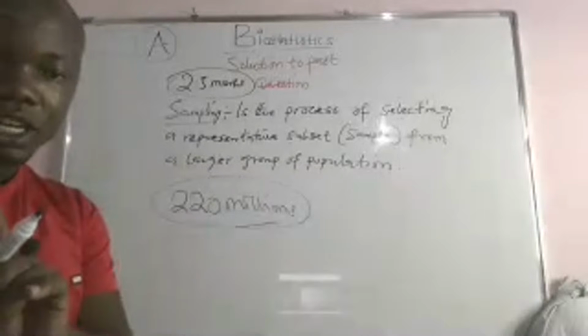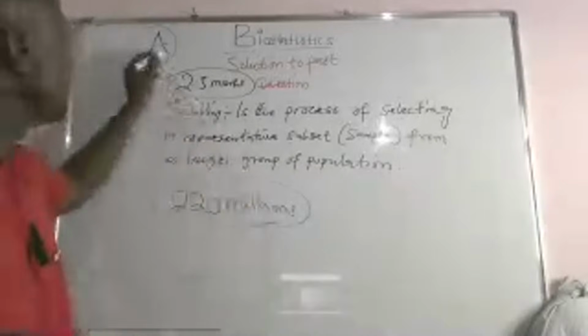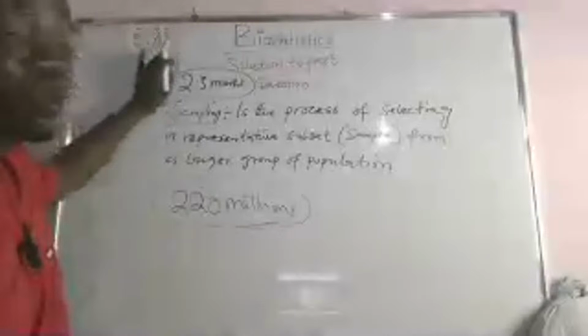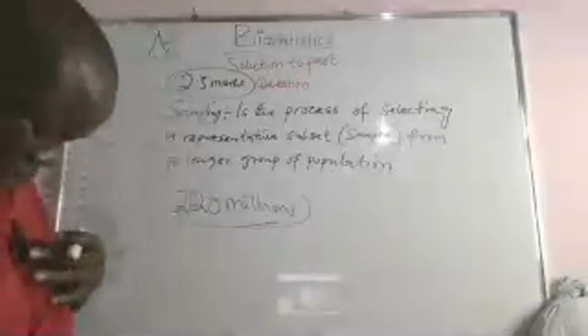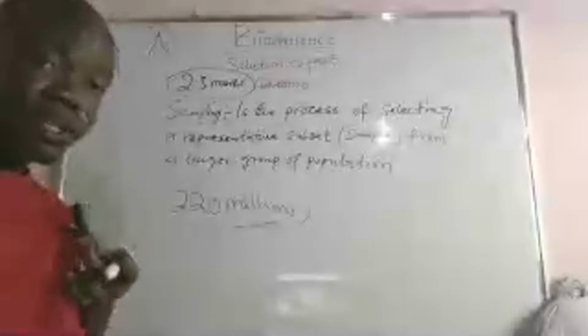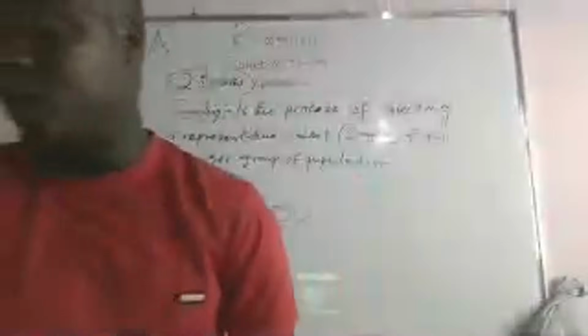That is a question that I want you to answer. You want to try and see if this drug is toxic among the Nigerian population. So what do you do?